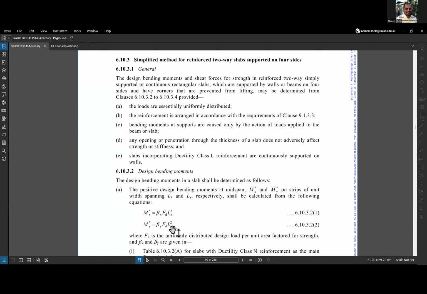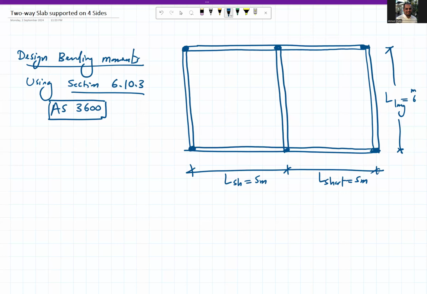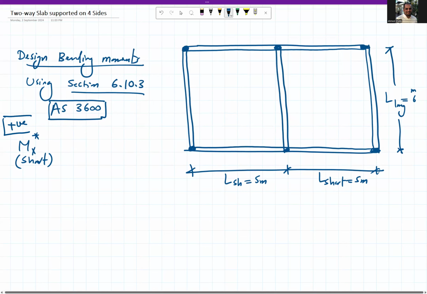Okay, so if we go back to our note, we have two bending moments, Mx asterisk, which is the moment in the short direction, and we are looking now for the positive bending moment. So Mx in the short direction equal to beta x fd Lx squared, and My asterisk, which is in the long direction, equal to beta y fd Lx squared.